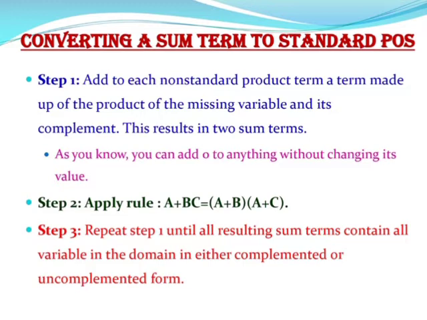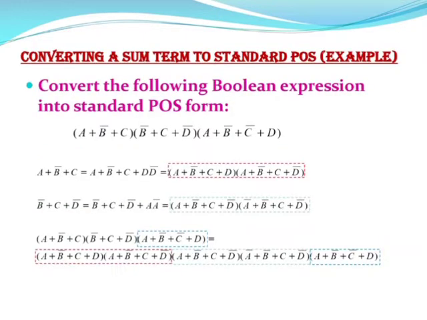And step 2, we should apply a rule, that is A plus BC is equal to A plus B into A plus C. It's an important rule and we should apply it in this case. Step 3. Repeat step 1 until all resulting sum terms contain all variables in the domain in either complemented or uncomplemented form.